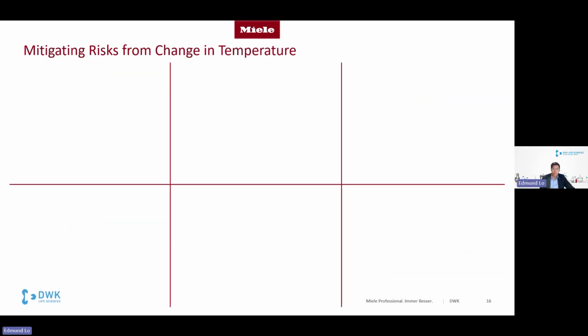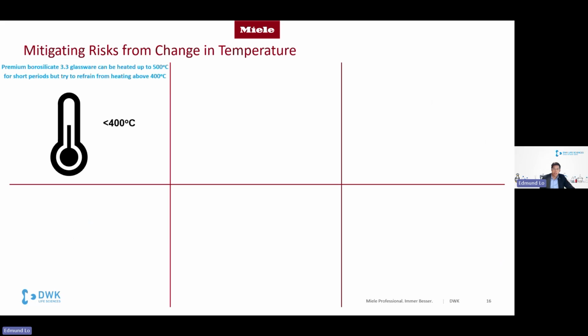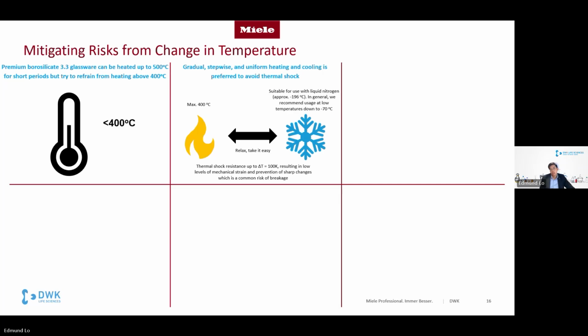In terms of mitigating risks during temperature applications, we recommend heating up to 400 degrees Celsius, though 500 degrees Celsius is also possible for a short period of time. Apply a gradual, stepwise and uniform temperature change to avoid any thermal shock.